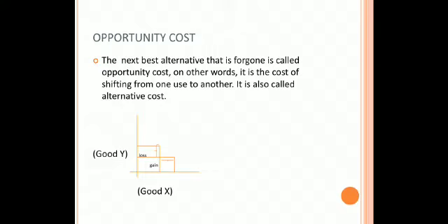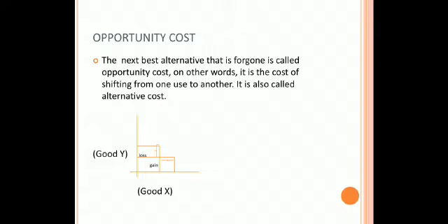Similarly, in the given figure, here are the two goods, good Y and good X. We are sacrificing good Y for good X, which means what we are losing is good Y, and what we are gaining is good X.